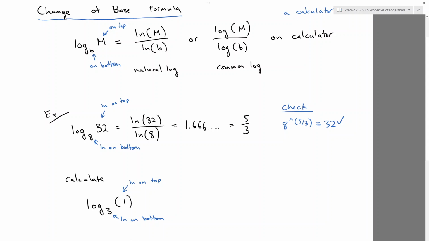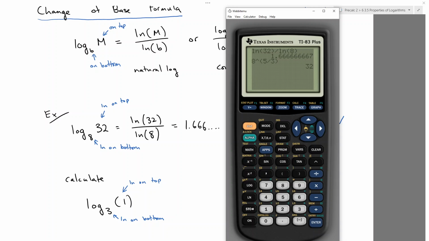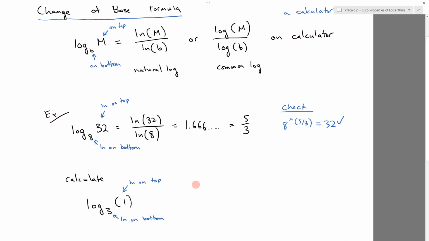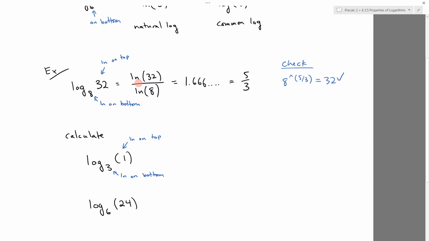And again, it doesn't matter whether you use the natural log or the common log. If I do the same calculation with the common log, it comes out to the same thing. I usually just prefer to use the natural log.